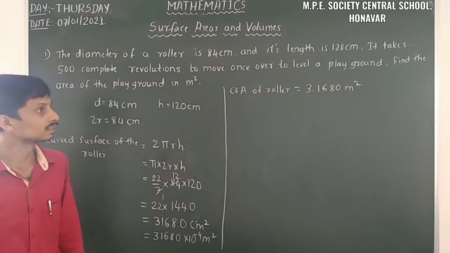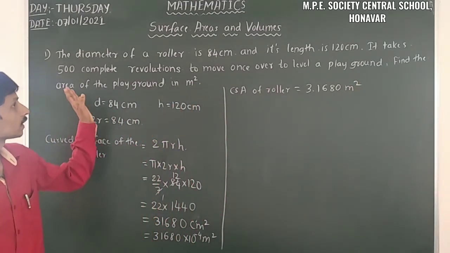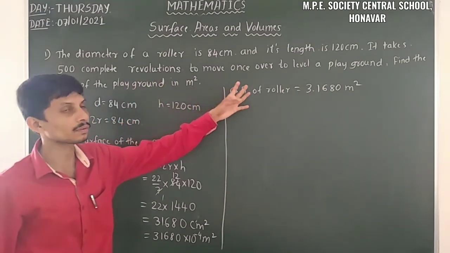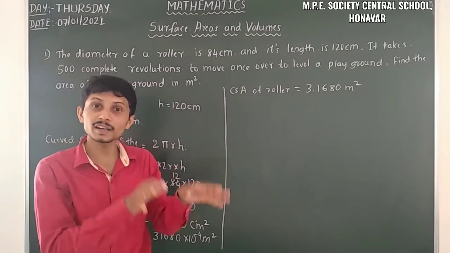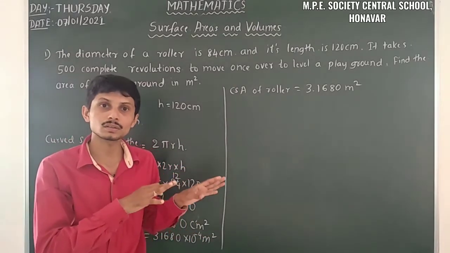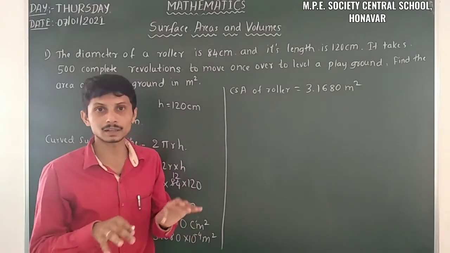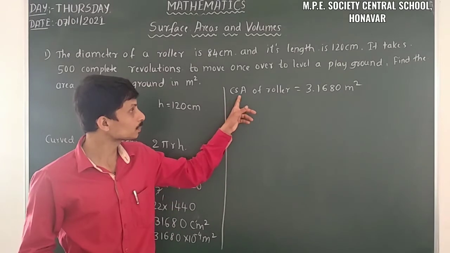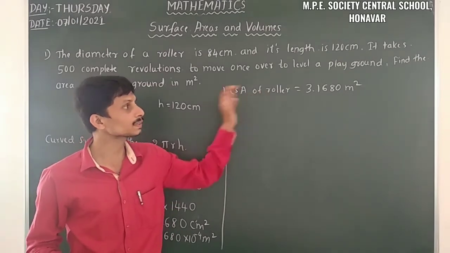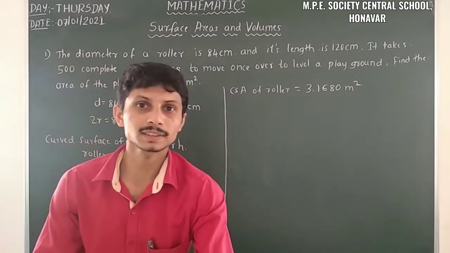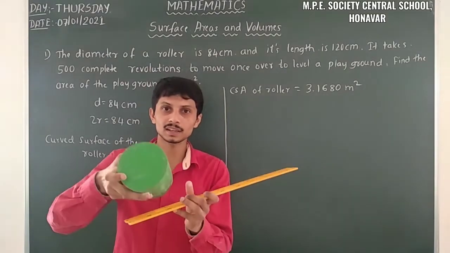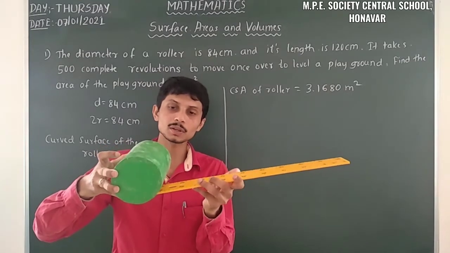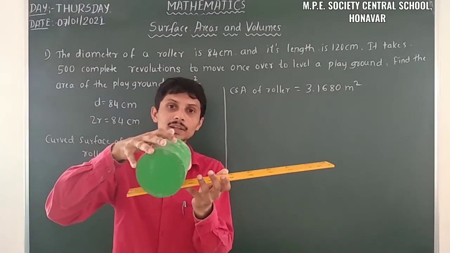Yes. Then, let us move on to the next part. It takes 500 complete revolutions to move over a level playground. That means after 500 revolutions, it covers the complete playground. So just observe, it's a roller, and this is the curved surface area of the roller.